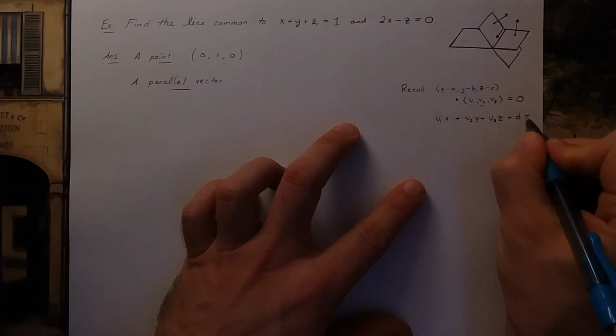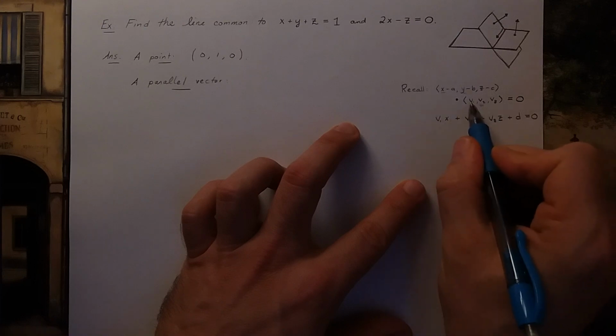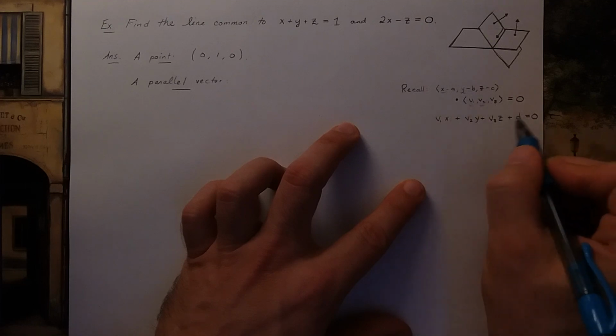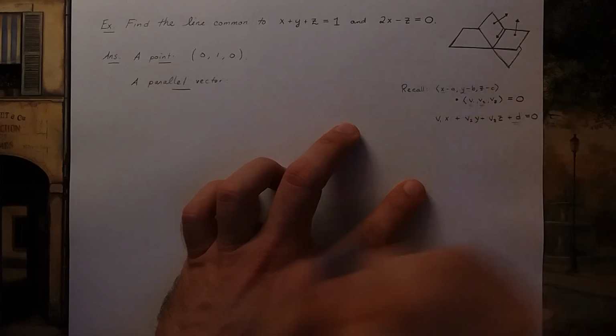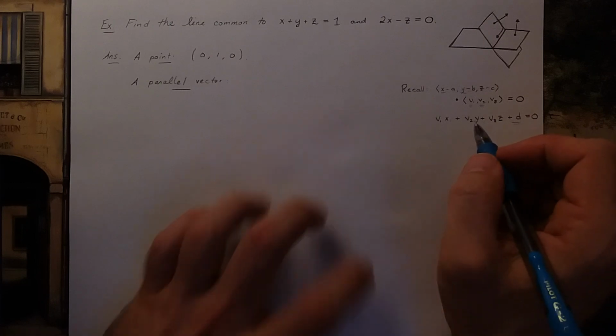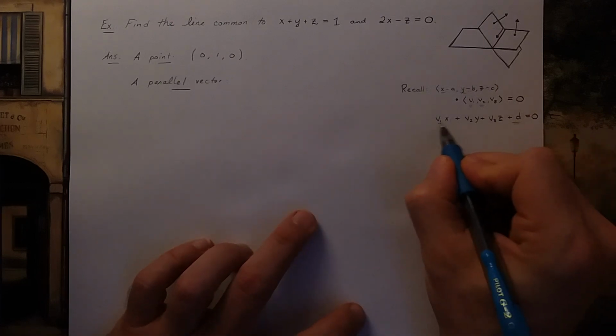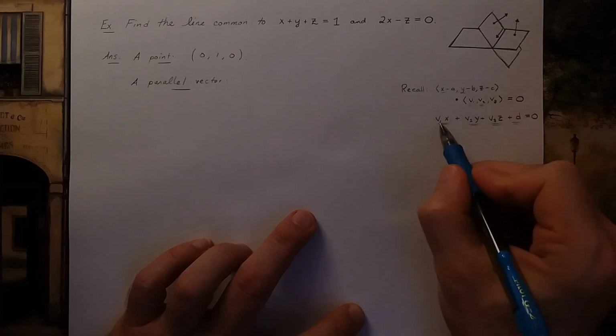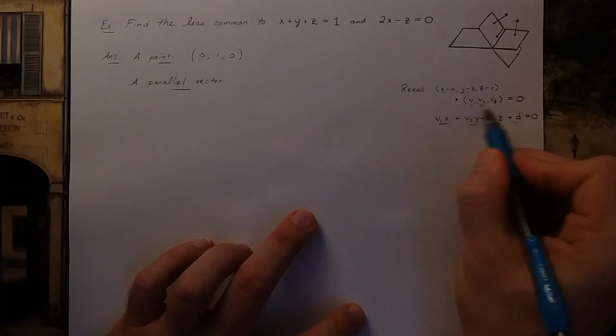I'll just call it d. But the constant d would be negative a times v1 minus b times v2 minus c times v3. I didn't feel like writing that down, but you get some other constant at the end here. My point is the coefficient in front of x, y, and z gives you your perpendicular vector to the plane.